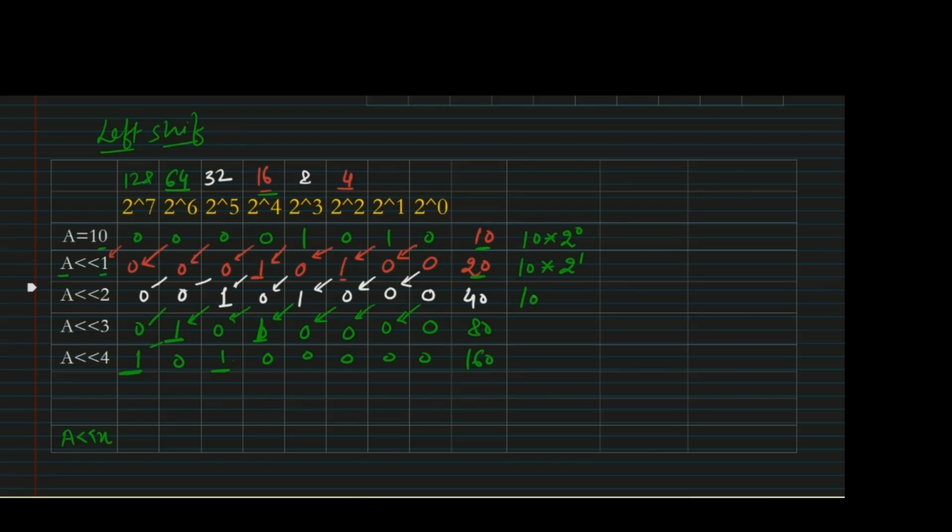This is 40, 10 into 2 raised to the power 2. 10 into 2 raised to the power 3 will be 80. 10 into 2 raised to the power 4 will be 160, up to 10 into 2 raised to the power n.